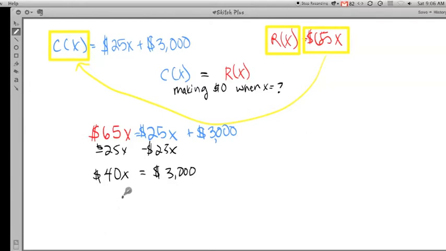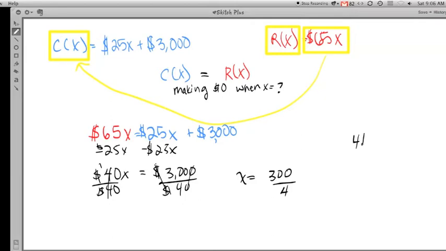Now we want to know what 1x is, not 40 x's, so we're going to divide by $40 on both sides to maintain equality. Dollars over dollars is a 1, and I can divide numerator and denominator by 10, and that will give me 300 over 4. So x is equal to 300 over 4.